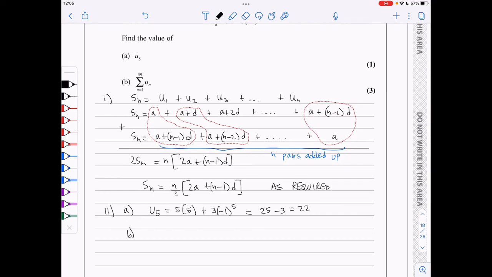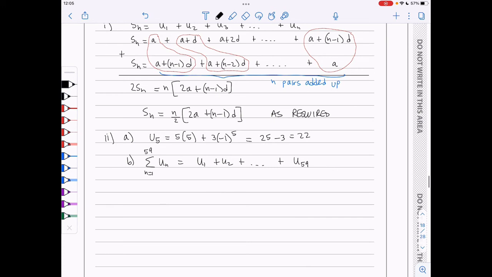For part B, to find the sum from n equals 1 up to 59 of un is just u1 plus u2 plus dot dot dot up to u59. Now, if I put n to be 1, I will be getting 5 times 1 plus 3 times minus 1 to the power of 1.